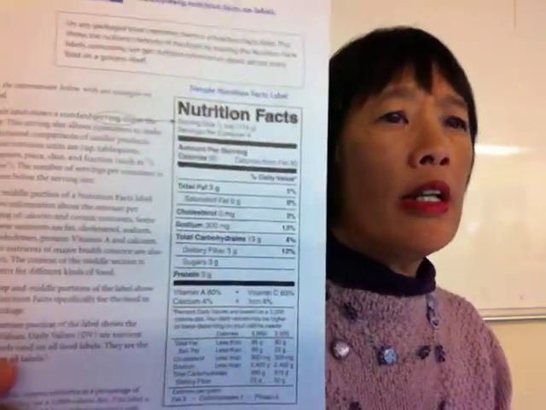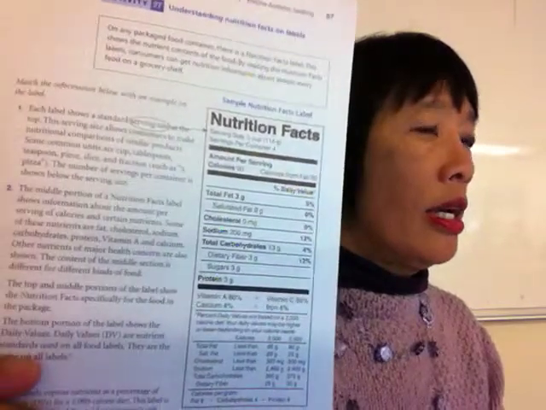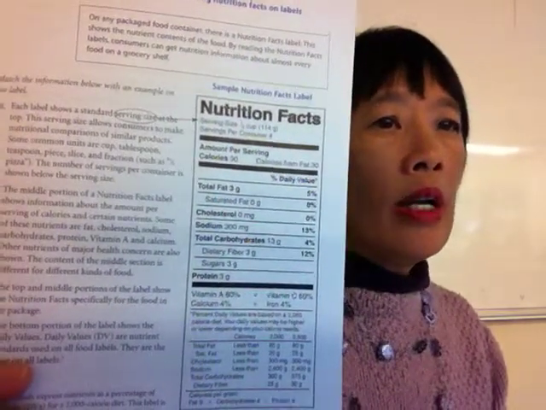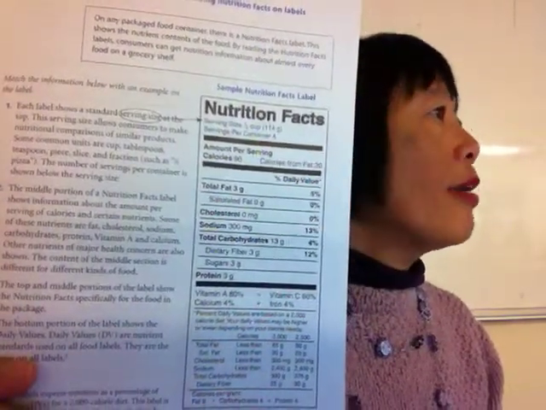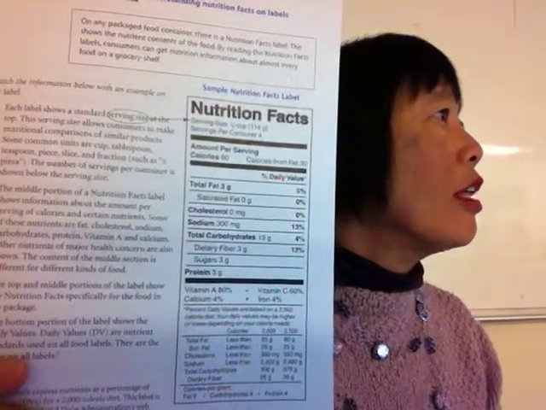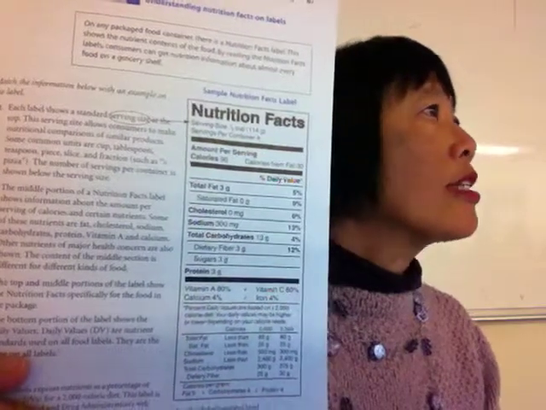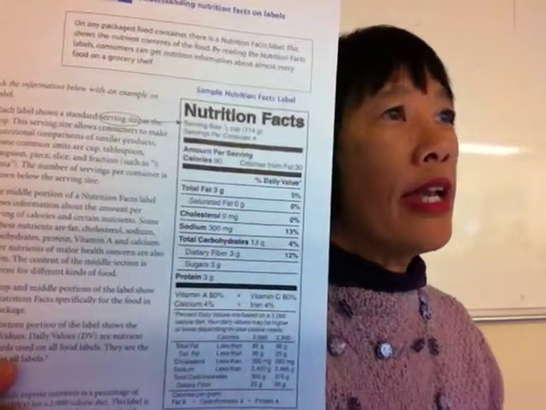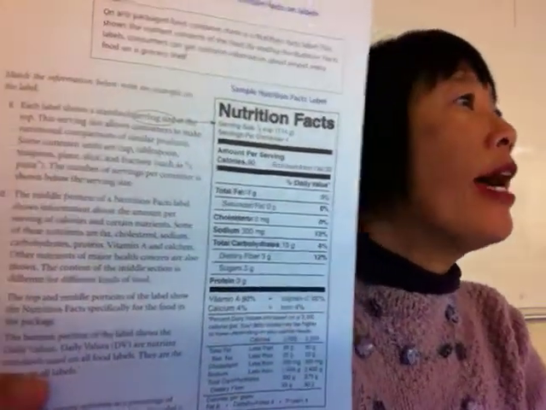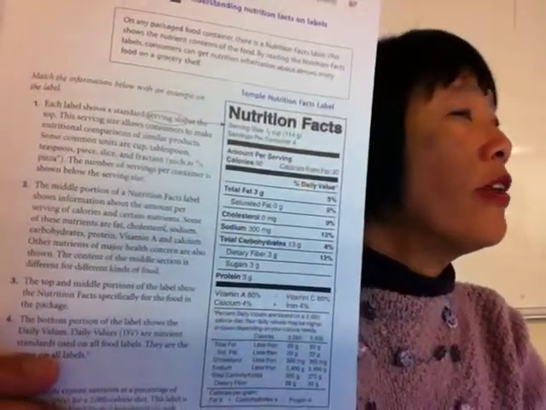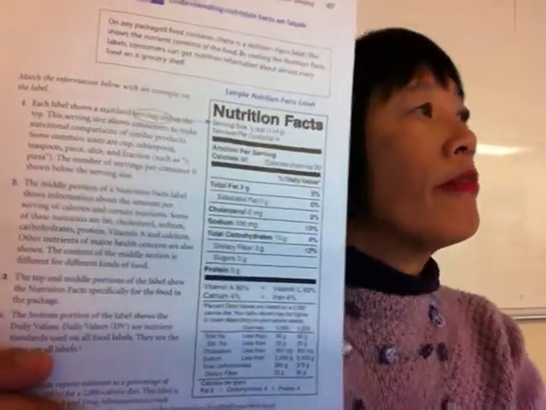Now the next item says cholesterol. Now, it says here 0 mg. So notice that cholesterol is measured in milligrams. And so this food has no cholesterol. So that's a good thing. If you have cholesterol, what happens if you have high cholesterol in your body? Is that good for you or bad for you? Bad. Why is that bad for you?